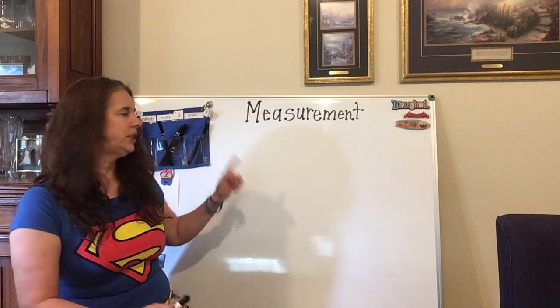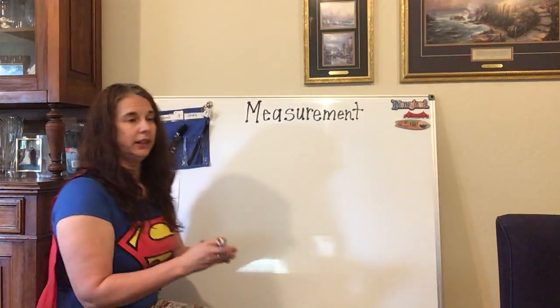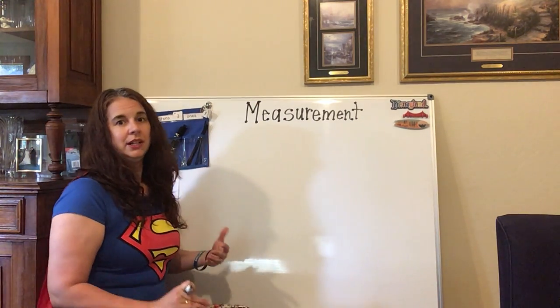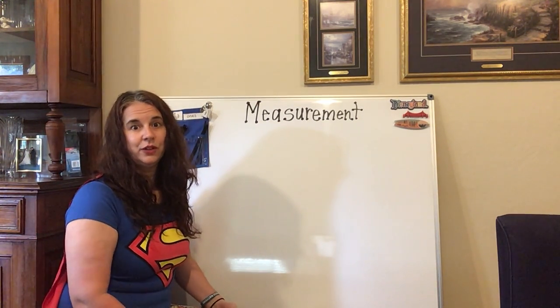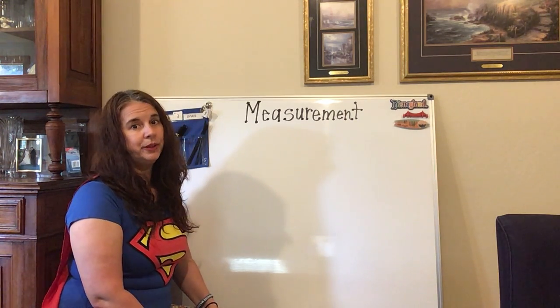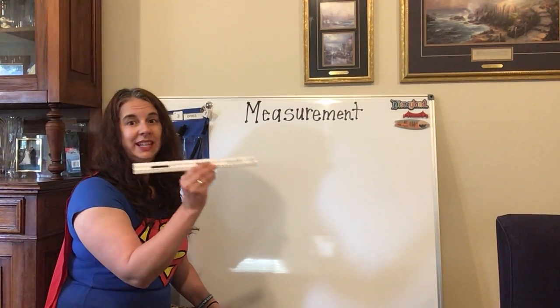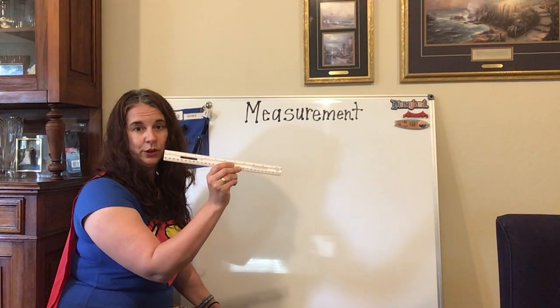So measurement. We have a ruler that is a foot ruler. And remember we talked about how actually different people have different size feet, but when we measure we had to use a regular foot ruler. And so we use one of these, which is a regular foot ruler.